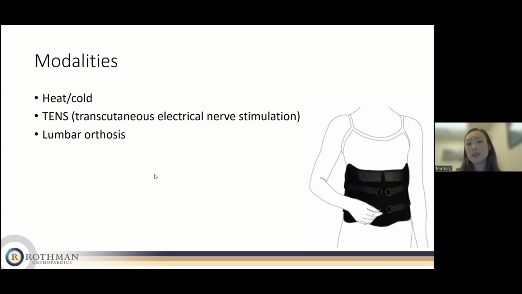And then lumbar orthosis, which is just a fancy word for a back brace. There are certain indications for back bracing. I don't love it for every patient, and in general, I don't love back braces for a lot of the more common issues that I see. Patients can end up becoming dependent on it, and it can lead to muscle atrophy or weakening of your core muscles.